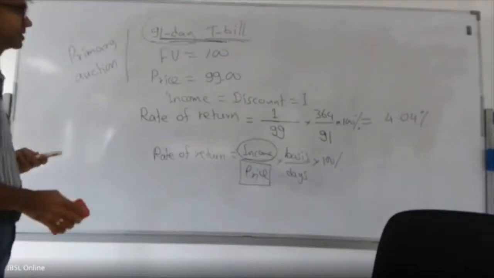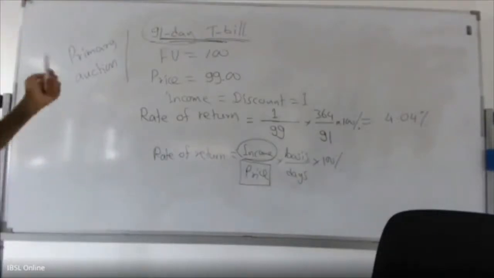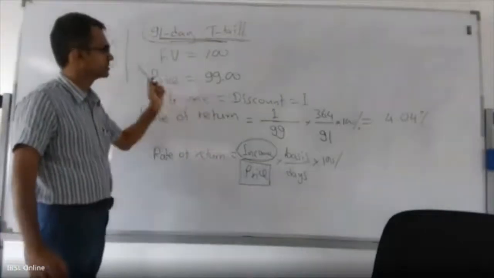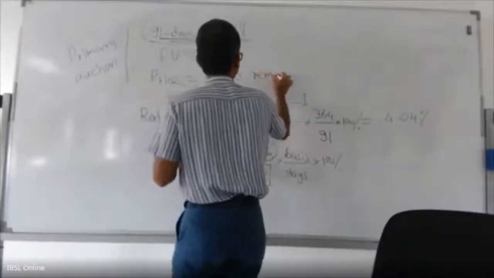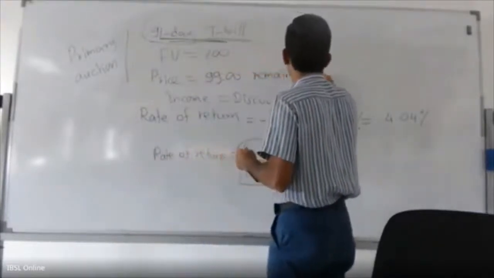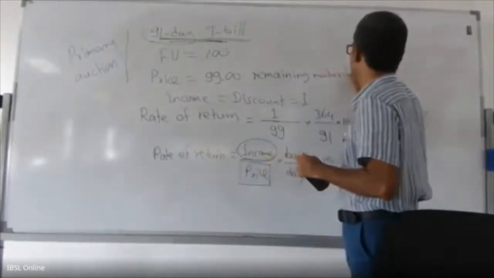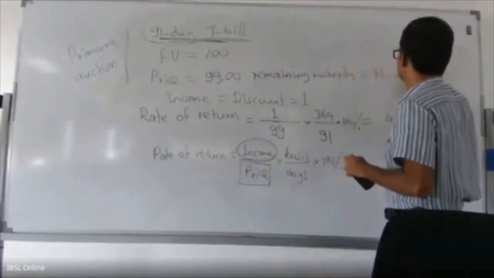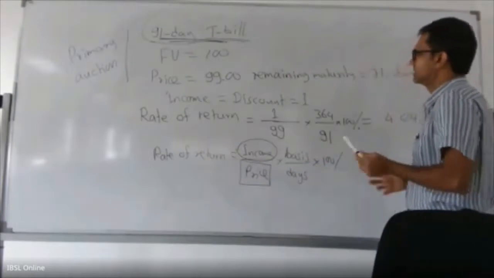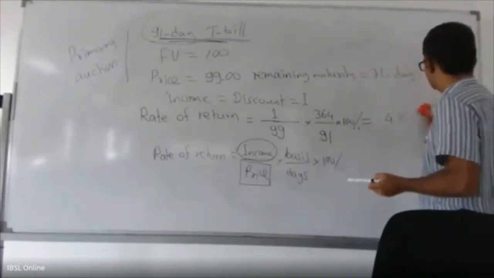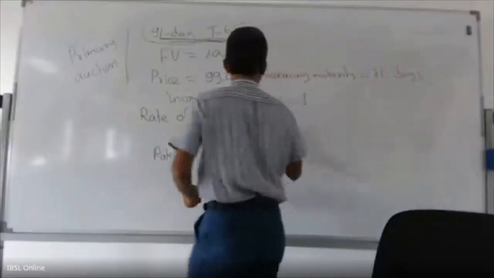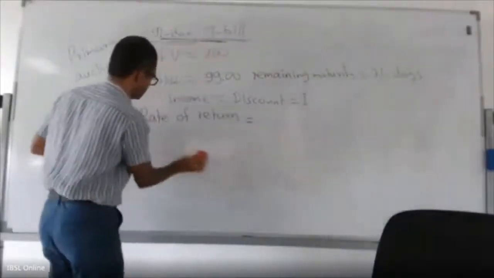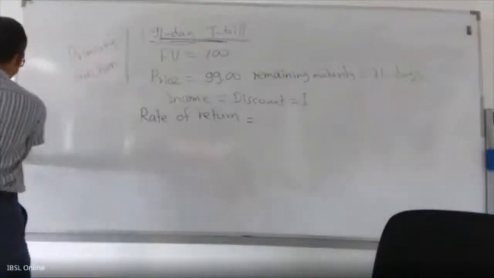Now, assume the second investor pays 99 rupees to buy this when the remaining maturity is only 71 days. What is his rate of return? 5.17. How do you calculate that? Still the same equation.